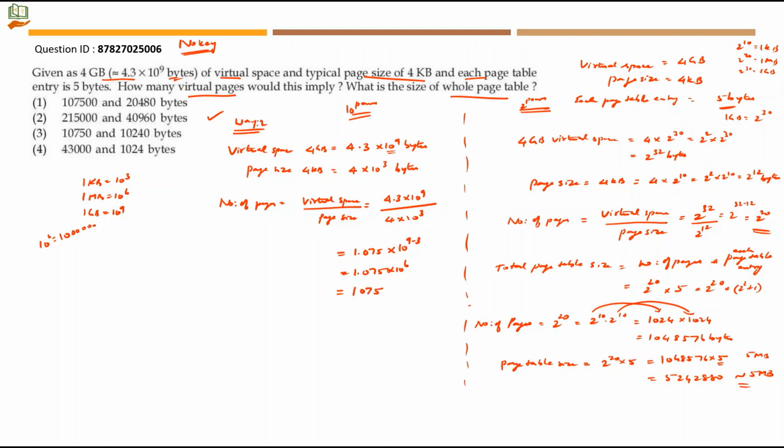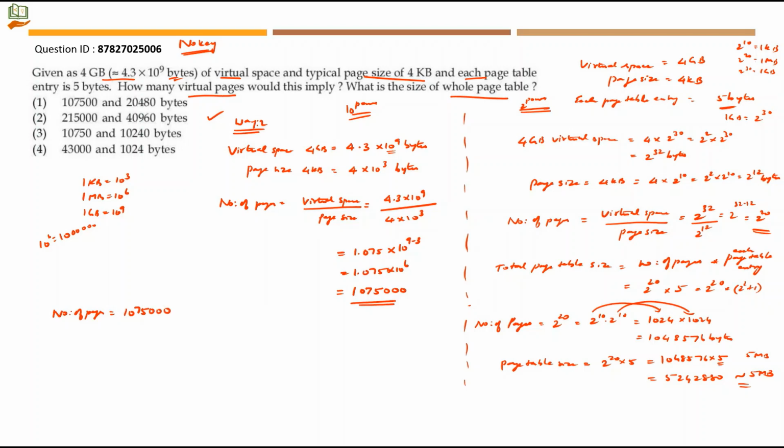So 3 zeros will go for the decimal point and additionally there will be 3 zeros. So this will be the answer. Actually 1075 and there should be 000 and not 00. This is the problem with the first option. As per this question, the number of virtual pages will be 1075000.